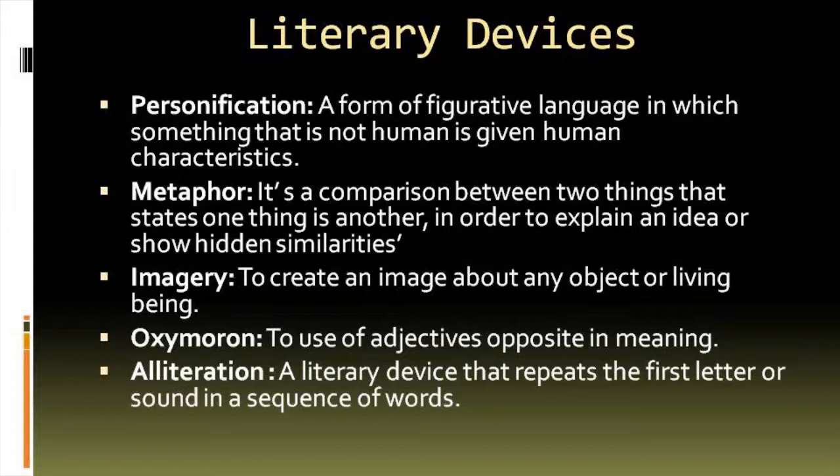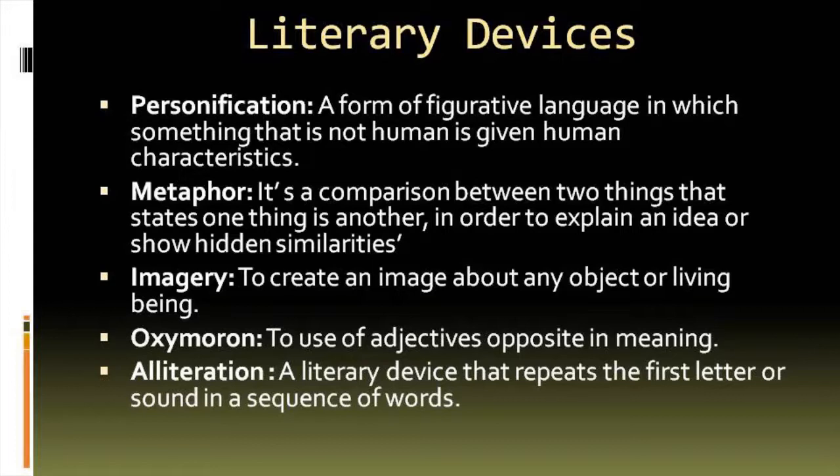Alliteration means when you are finding repetition of the same letter at the start of two words. Like simple subject, smart and studious. So SS is repeated here. These letters are the same but repeated in two different words, and the first letters are the same and giving the same sound.